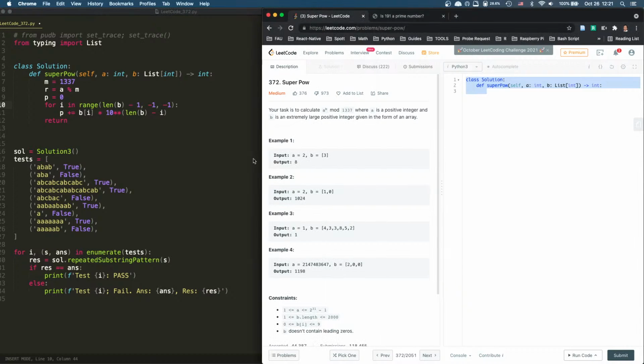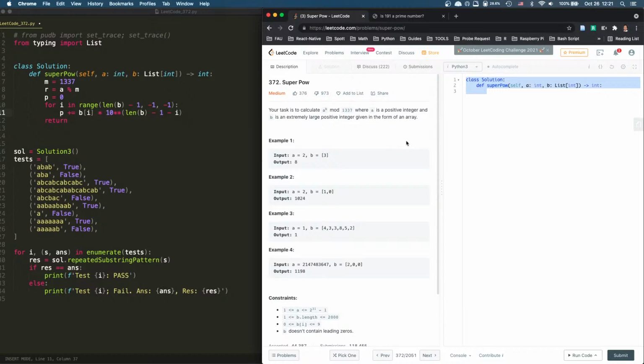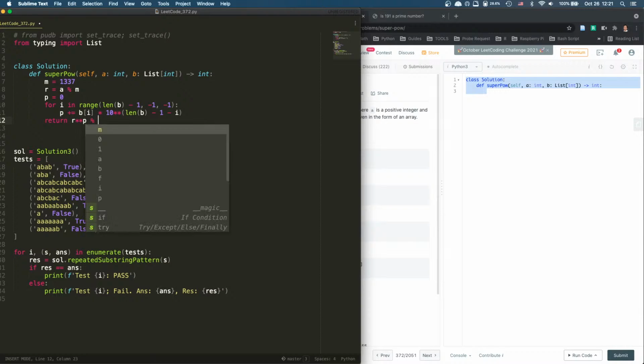Len b minus 1 minus i, because the first one is 0 power. So where length is 3, it goes 2, so 10 to the 0 power, 1 power, and 2 power. So that's P. So now what we have is R raised to P and then mod M.